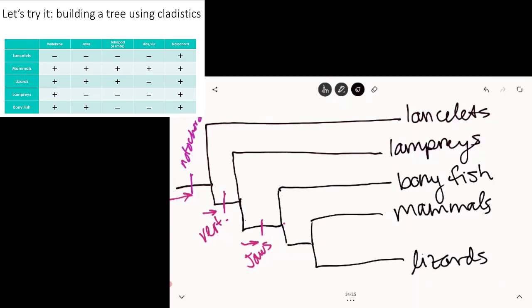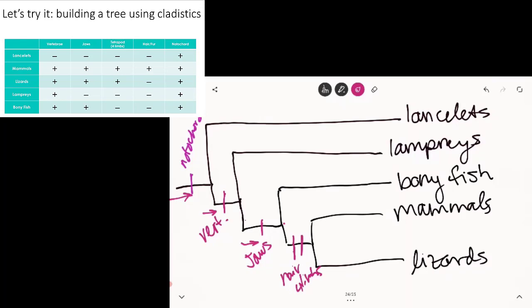And do they both have, so mammals and lizards, there's 2 more traits that we haven't marked on here. We haven't marked on tetrapods or hair and fur. And where does it make sense to add these traits on? So we could put them both here, hair and forelimbs. Okay, so we could put 2 traits there.